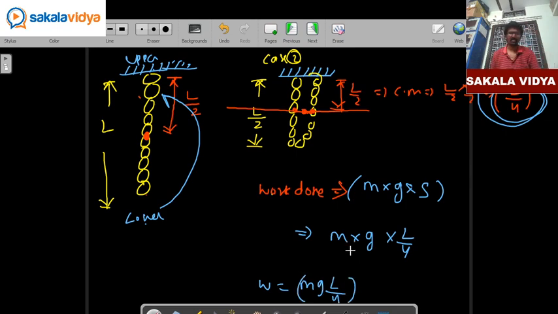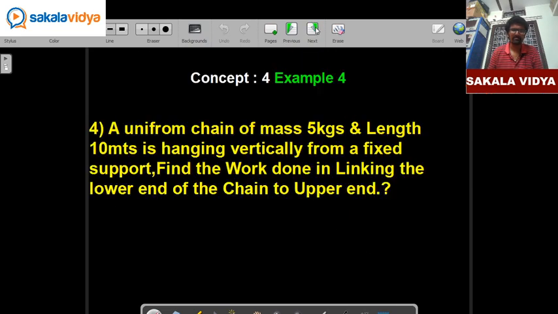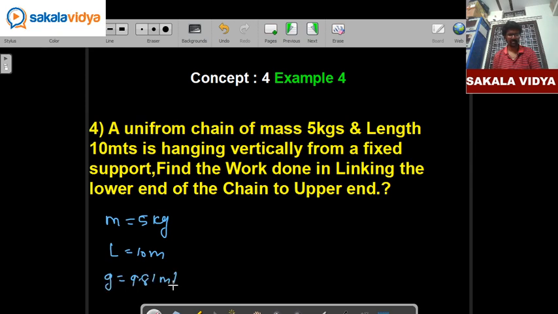Now let us solve one question on this. A uniform chain of mass 5 kg and length 10 meters is hanging vertically from a fixed support. Find the work done in linking the lower end of the chain to the upper end. Acceleration due to gravity is 9.81 meter per second square.